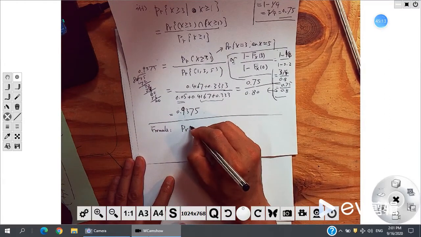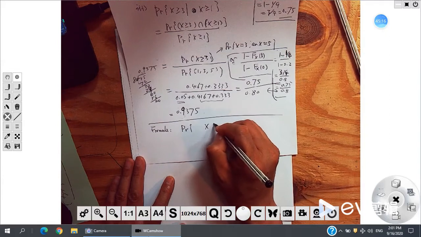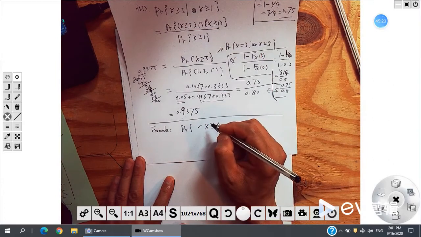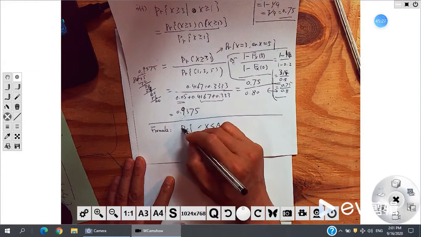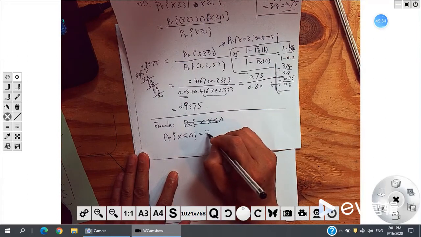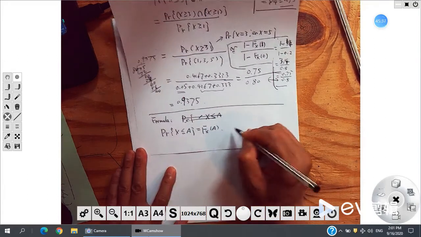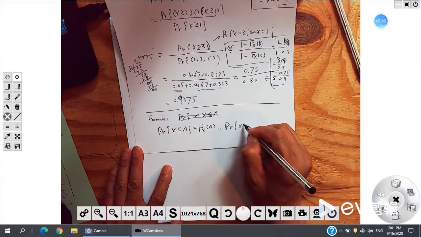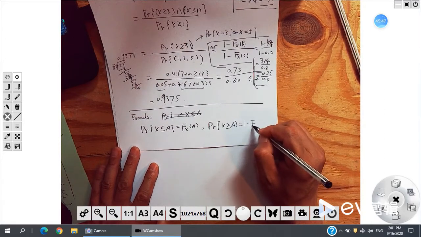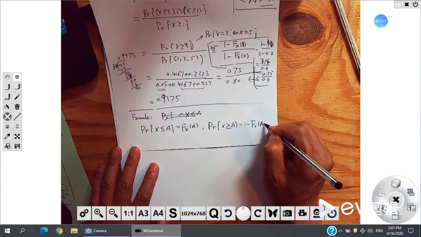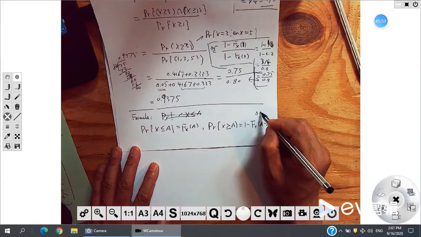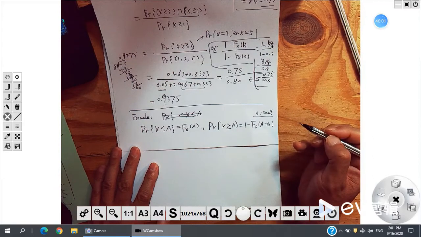The probability of X smaller than or equal to A is just F_X of A. And the probability of X larger than or equal to A will be 1 minus F_X of something smaller than A, A minus a third. Third is a small number, right?